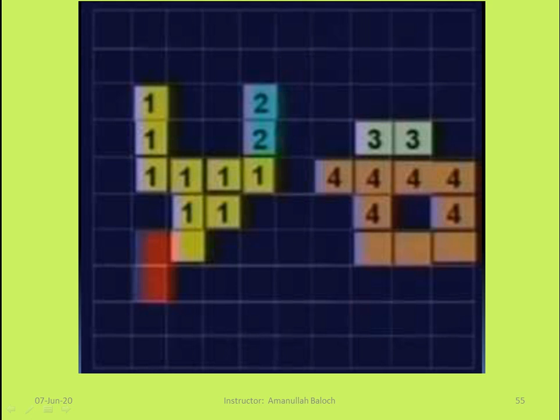This is the 4-adjacent of this, and the label of this is 4, so it will also get the label 4. There is a 0 level pixel, and this pixel is adjacent to the above already found pixels. The label of this pixel is 4, and this is 4-adjacent of this, so this will also gain the label 4.